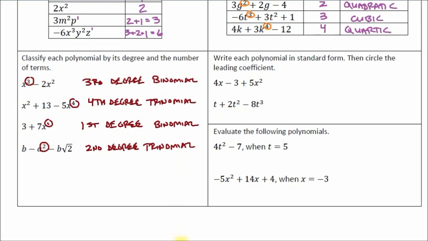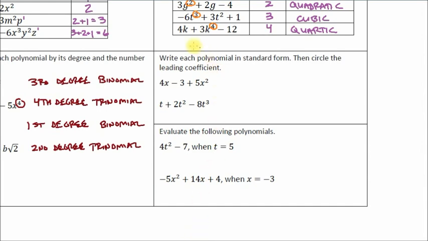All right, next section. Write each polynomial in standard form. Standard form. This is the first time you've probably seen this. Then circle the leading coefficient. Okay, standard form means this. You have to put the terms with the largest exponent first, and then you work your way all the way down, lower and lower and lower, until you finally get to something without a variable, which is a constant.